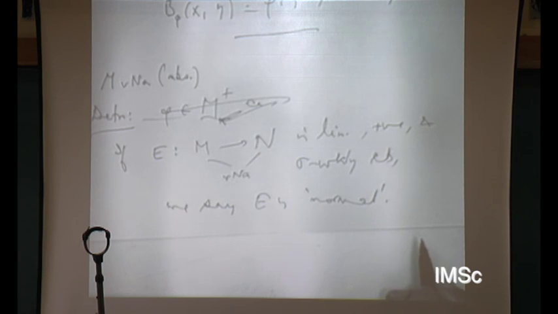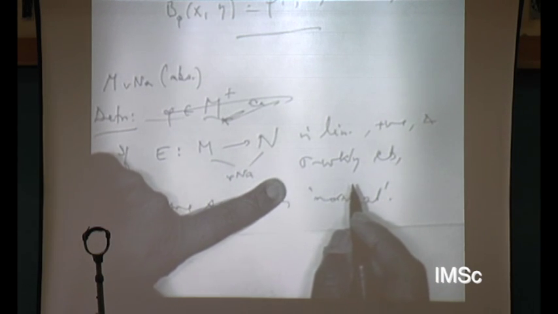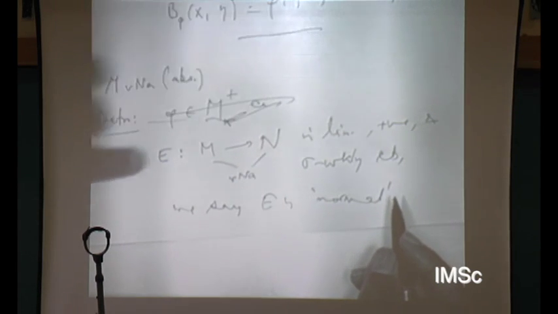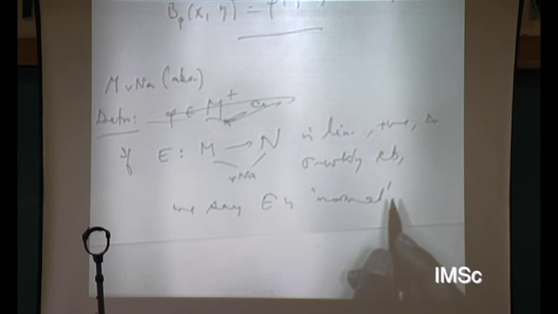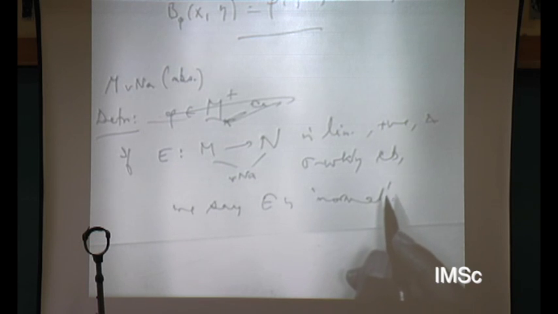The adjective normal refers to a linear, positive, and most importantly sigma weakly continuous map between von Neumann algebras. Typically we'll use it in two situations, when this E is actually a star algebra homomorphism.